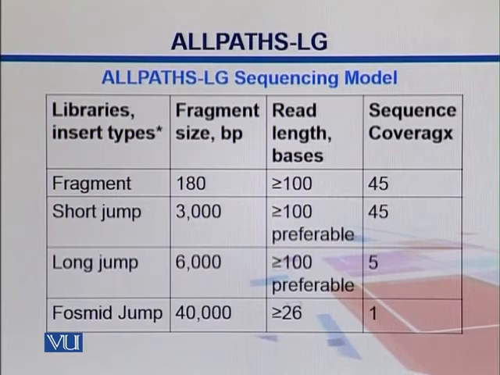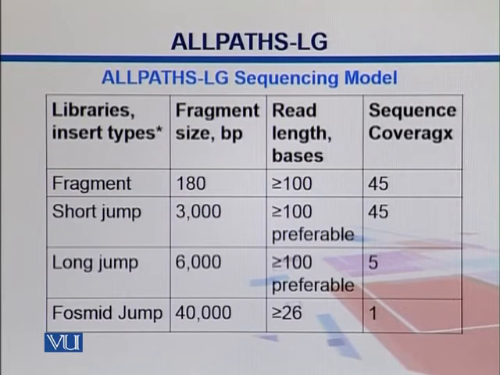The read size is similar, but here we can compromise on even low coverage, up to 5x. For fosmid jumps, where we are using huge fragments of 40,000 base pairs, the read lengths are smaller. With this kind of library, we can even do that once, so 1x coverage is okay.